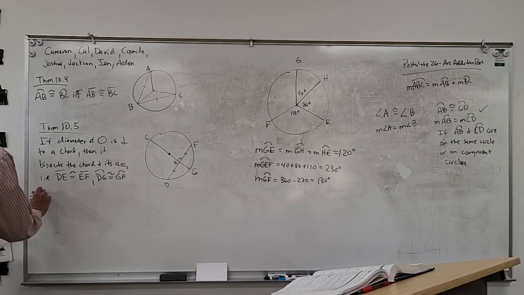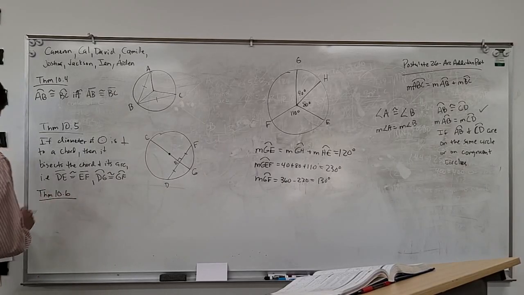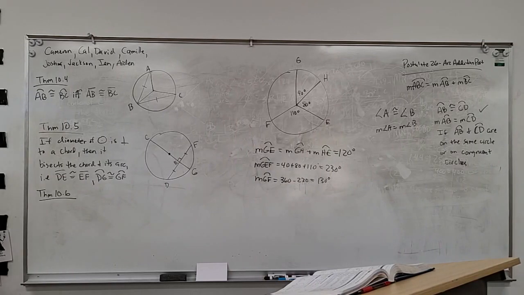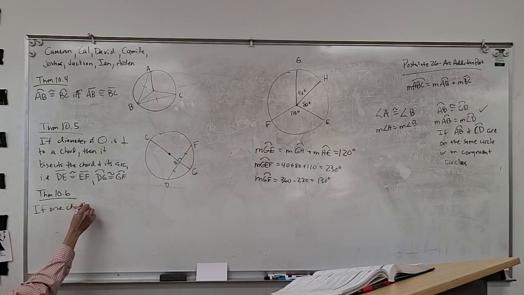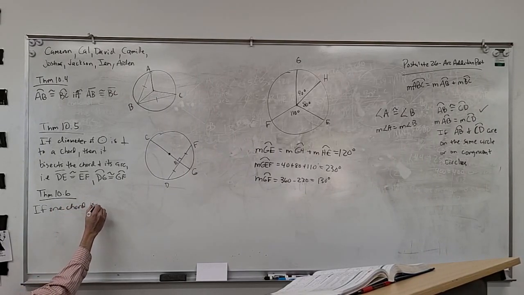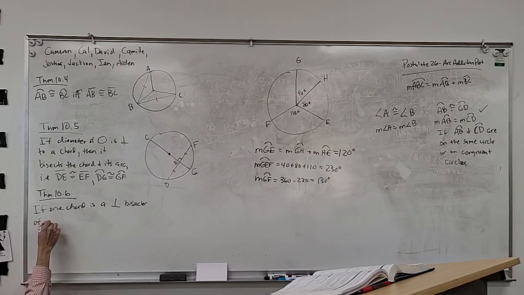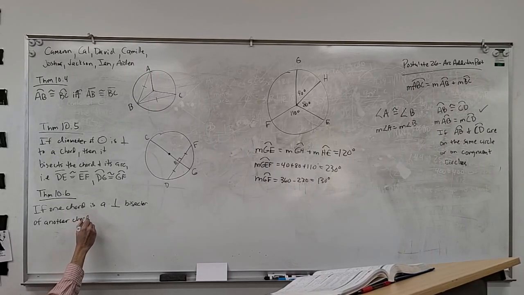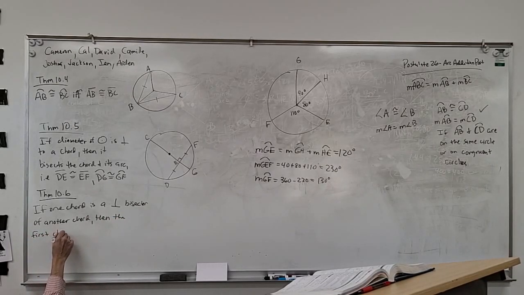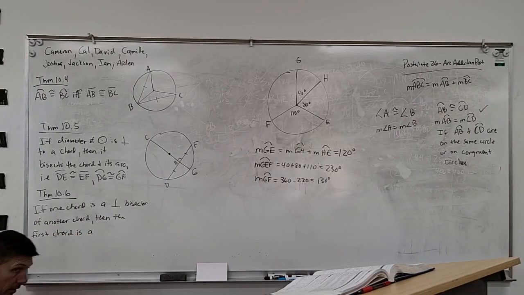And then finally, theorem 10.6. And it says if one chord is a perpendicular bisector of another chord, then the first chord is a what?